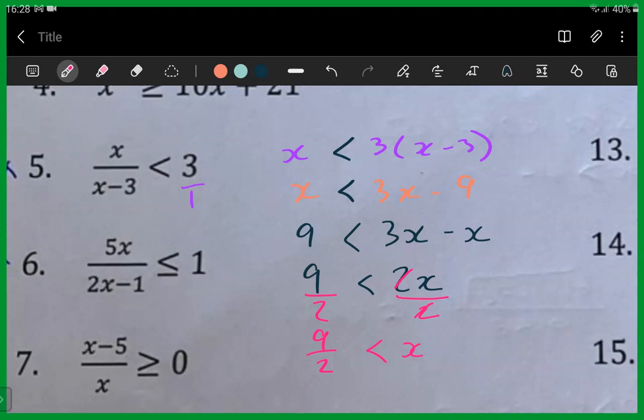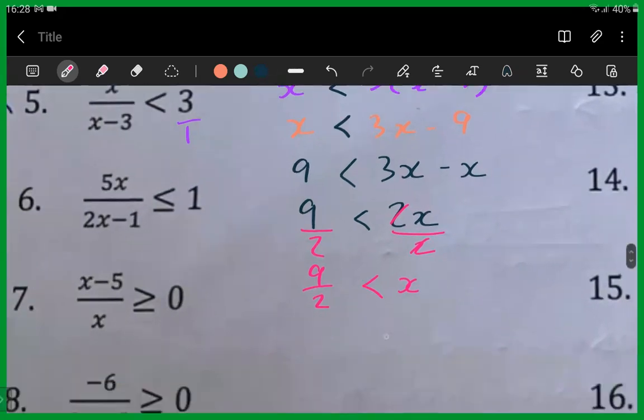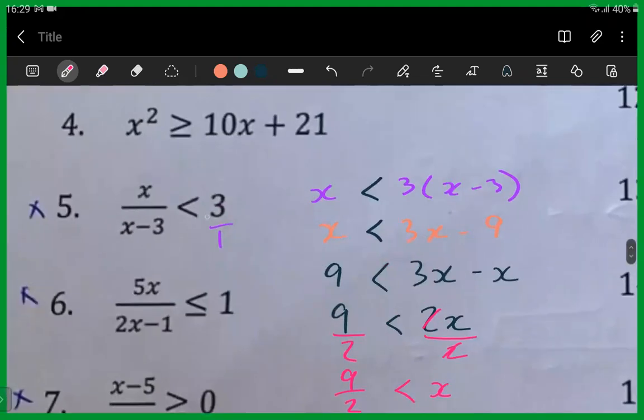Meaning if they're saying your value of x has to be bigger than 9 over 2, and 9 over 2 is 4.5, then x has to be bigger than 4.5 for this number to always be smaller than 3. You can even put it in the calculator: at the top you put 4.5, and at the bottom you put 4.5 minus 3, and you're going to see that your answer there is equal to 3.